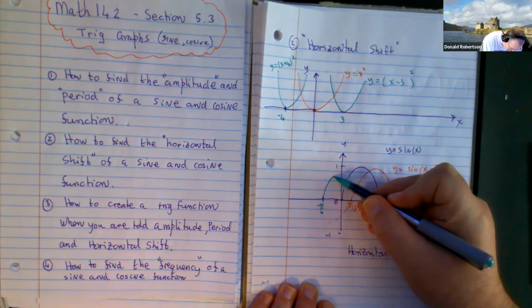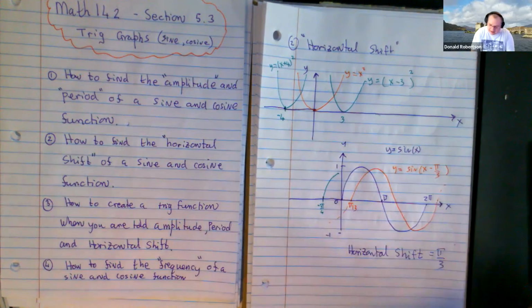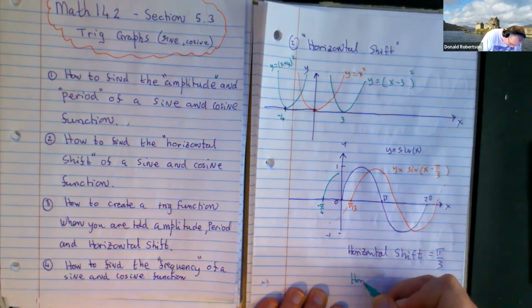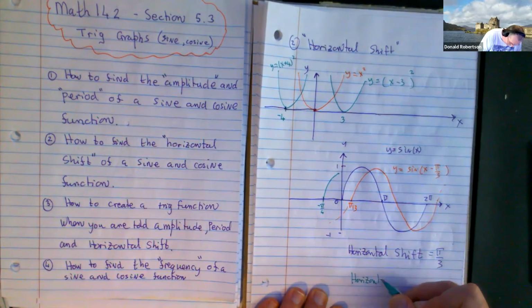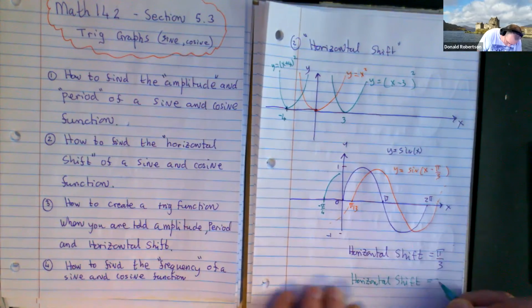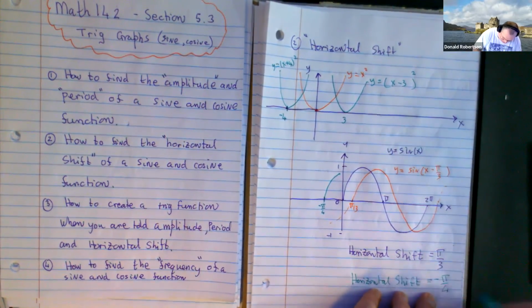Can you imagine the rest of it? Everybody is shifted. In that situation, the horizontal shift would be negative pi upon 4.